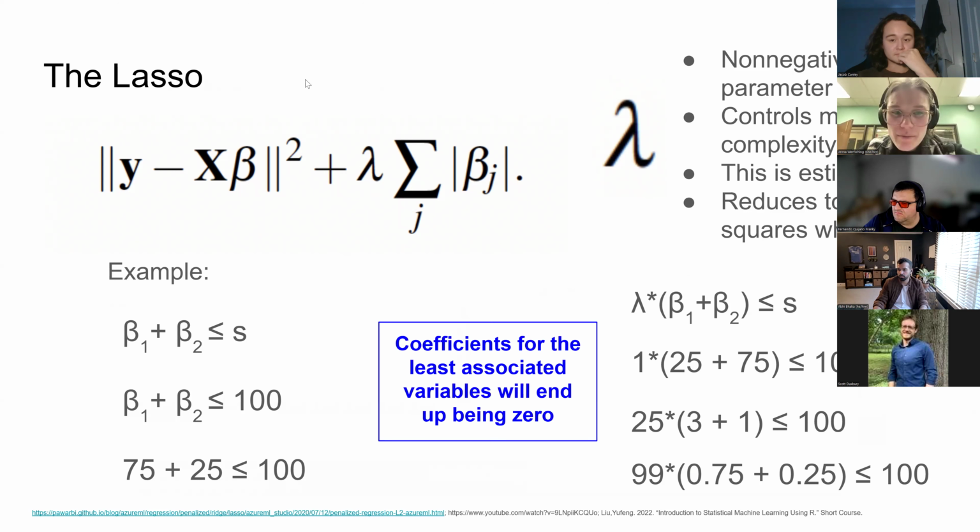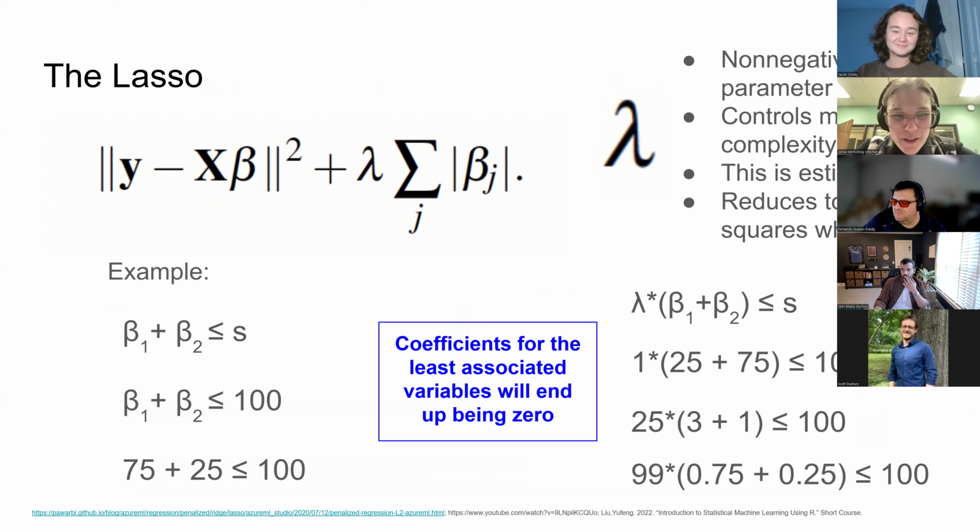So now on the right-hand side of the screen, what we see is what it actually looks like and what it means when lambda takes on different values. Here, what we're essentially doing in this lasso is setting lambda times the sum of all of the coefficients to be less than or equal to some threshold. In the second line on the right-hand side, we can see that when lambda equals 1, we get the same coefficients. Oh, I think I switched them there. It should be 75 plus 25.